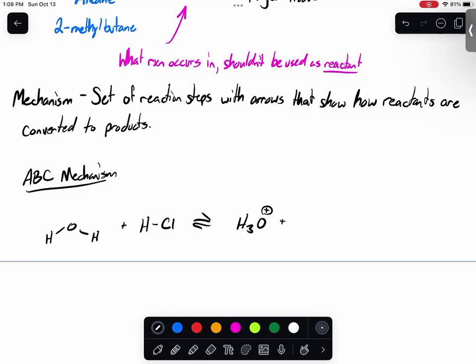We showed this mechanism before as a lone pair of electrons from the oxygen grabs the proton and you break the bond between the hydrogen and the chlorine, right? This is technically a mechanism. And the most important part about your mechanism, of course, is the electron flow arrows. All right, because these are showing the bonds broken and formed.